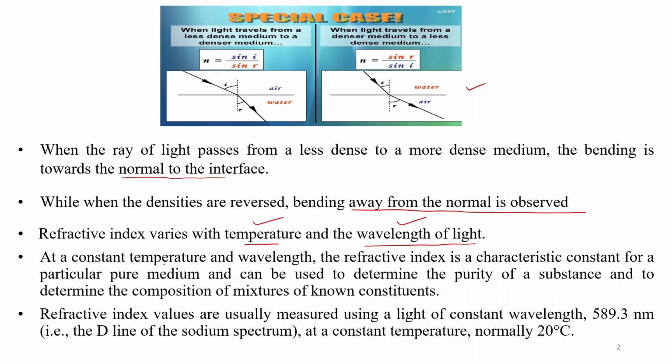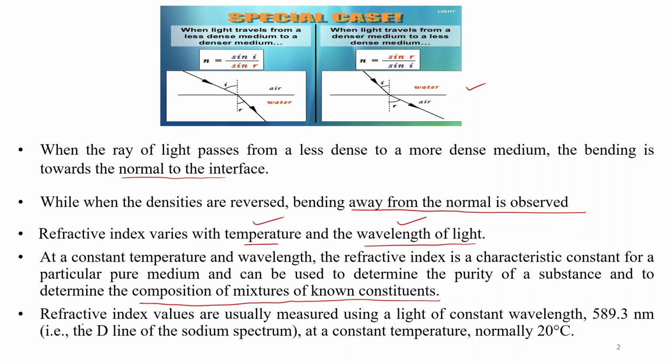At a constant temperature and wavelength, the refractive index is a characteristic constant for a particular pure medium and can be used to determine the purity of a substance and the composition of mixtures of known constituents. We will cover this part in the coming video.